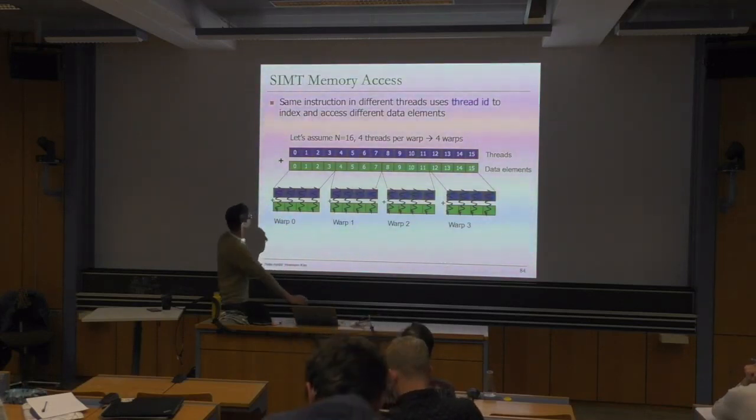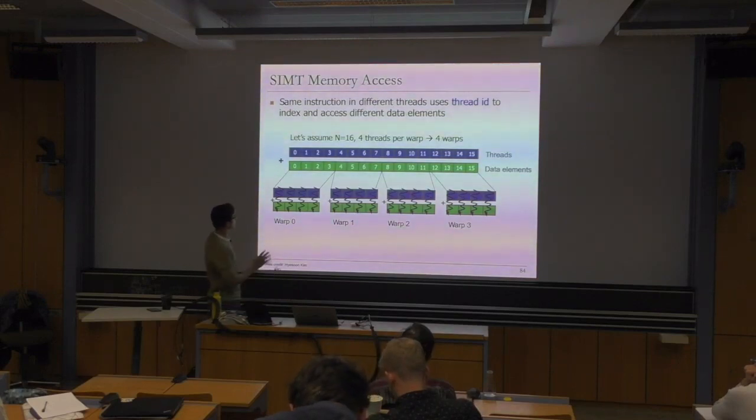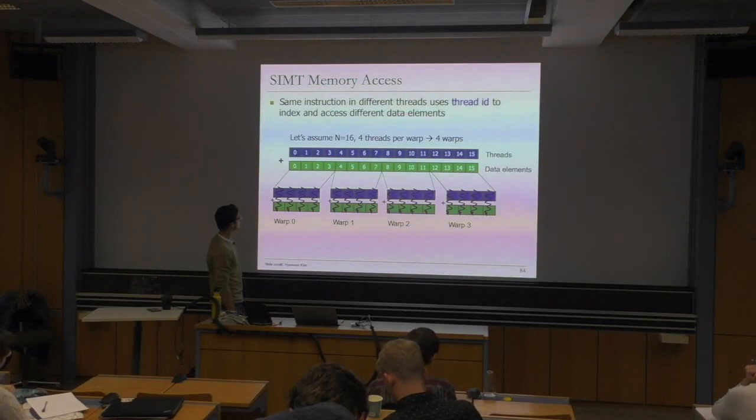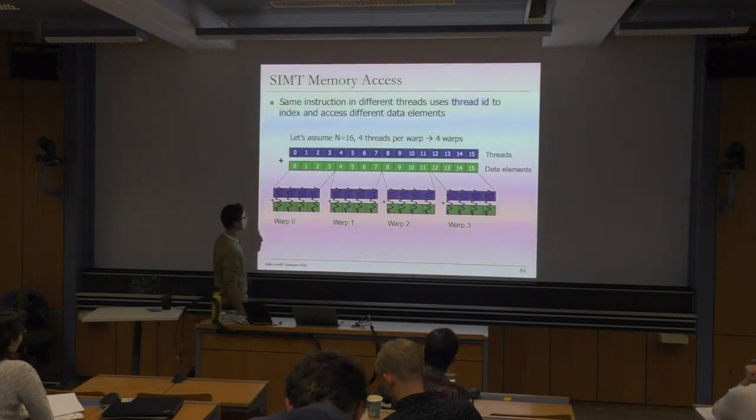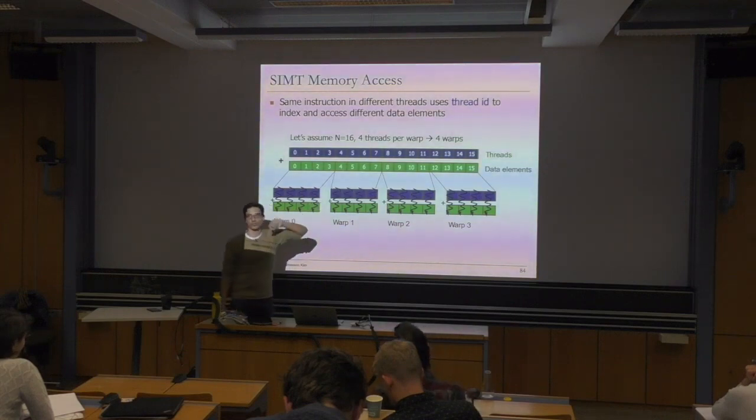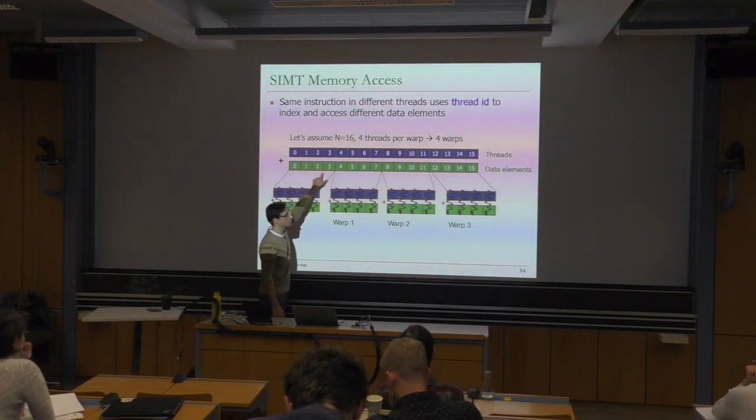So this is a little bit more of it, right? How do we distribute the computation here? We have 16 data elements, and for these 16 data elements we are going to use 16 threads in this case. We assume in this example 4 threads per warp. So what the hardware does: we write our program with 16 threads, and we tell each of these threads, you need to operate on this, on this, on that.